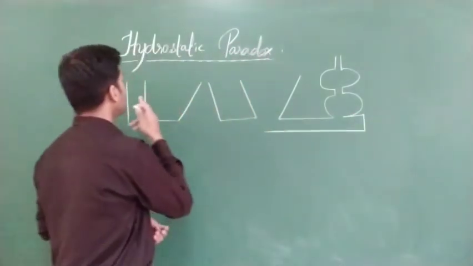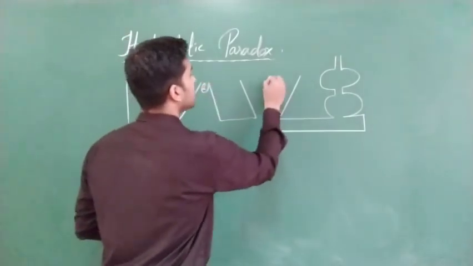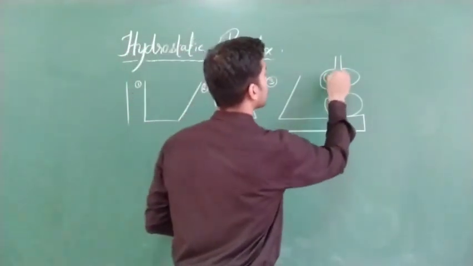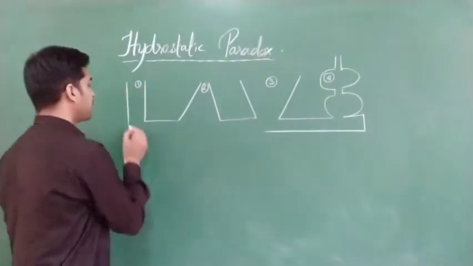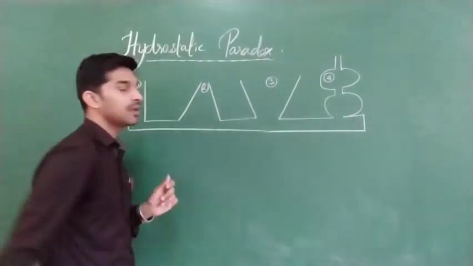These are all 4 vessels, 1, 2, clear? Next 3, and this is the 4th one.